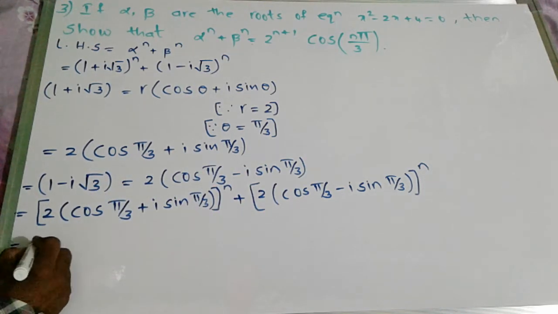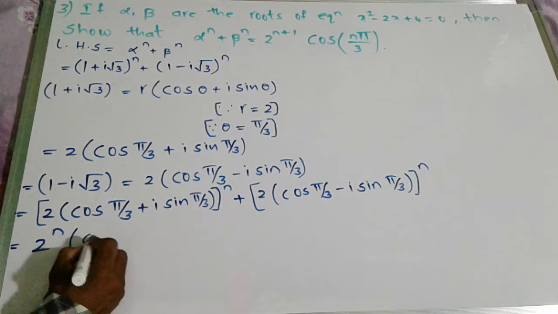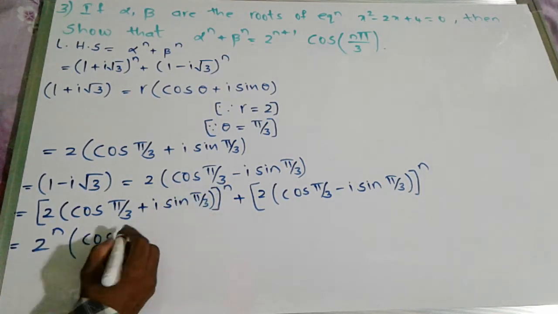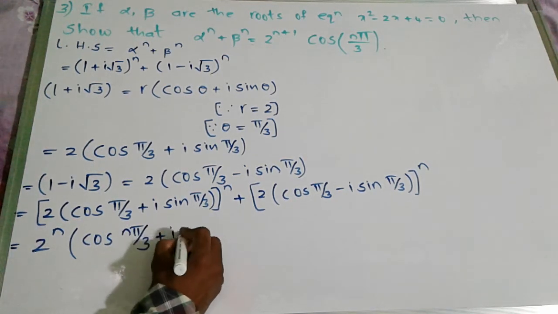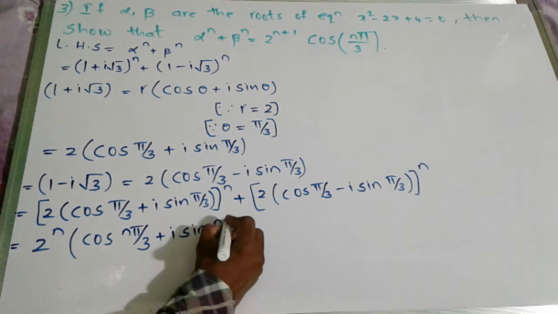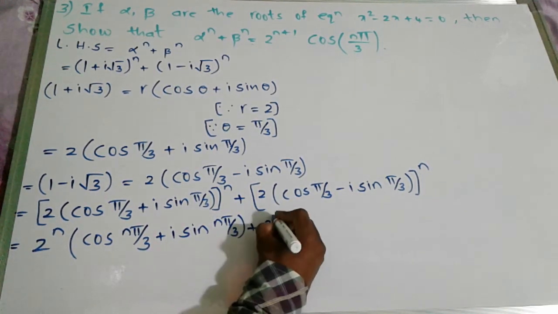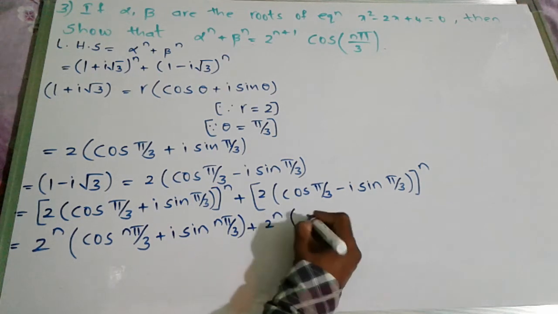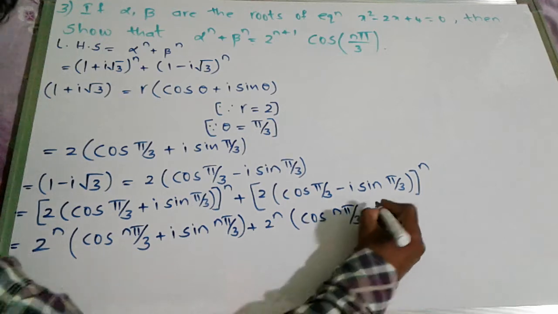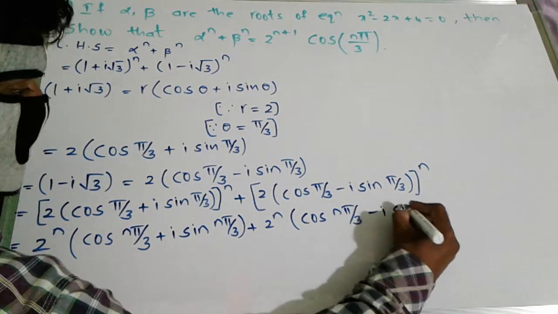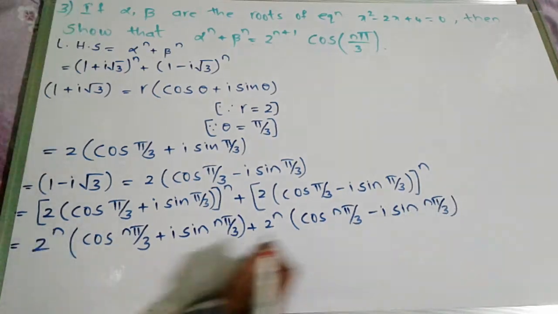And after applying de Moivre's theorem, we get cos nπ/3 + i sin nπ/3. Similarly, 2^n of cos nπ/3 − i sin nπ/3.